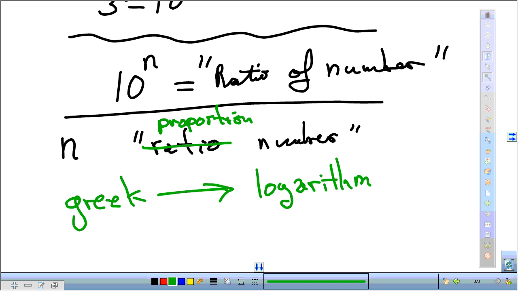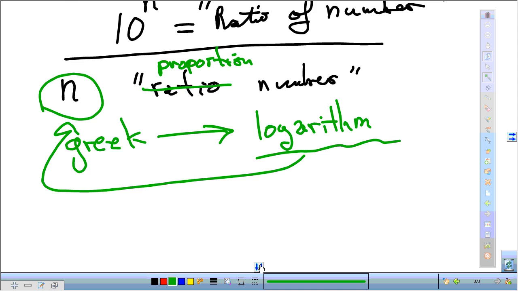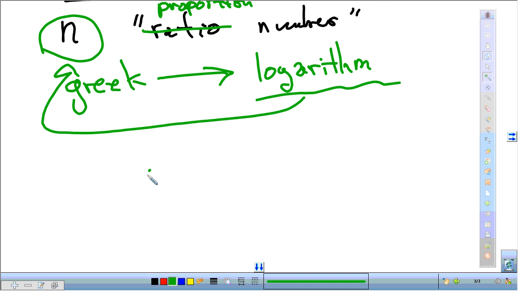So, proportion number in Greek was logarithm. So we have logarithms for this necessary exponent in an equation like 10 to the n equals 3.